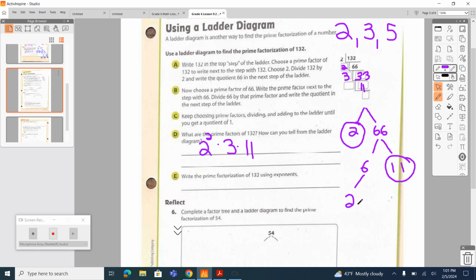So I still got 2 squared times 3 times 11. I just want to make sure that if you see a ladder diagram, or if you like that setup better, because of the ladder diagram, you're making sure you're only pulling out prime numbers. And as I said, I would do 2, 3, and 5. The others, some of them make sense. You'll get to 11. You might see a 7, but I would try to divide those.